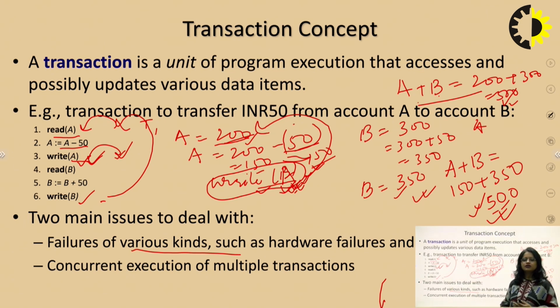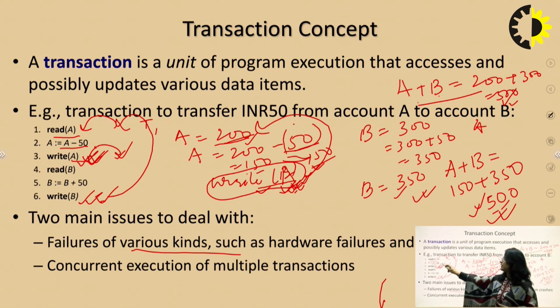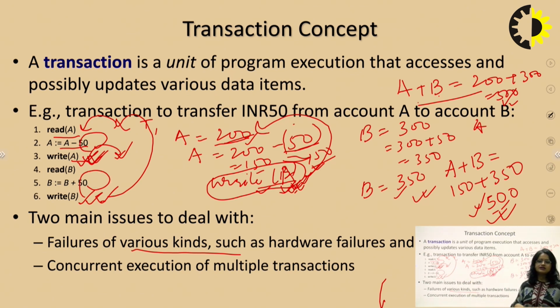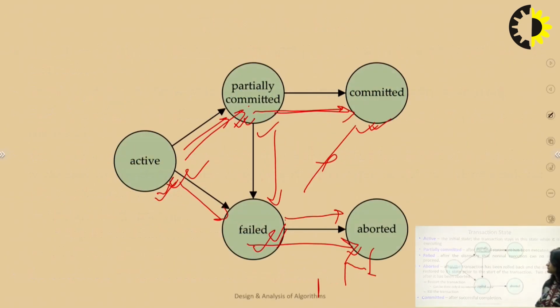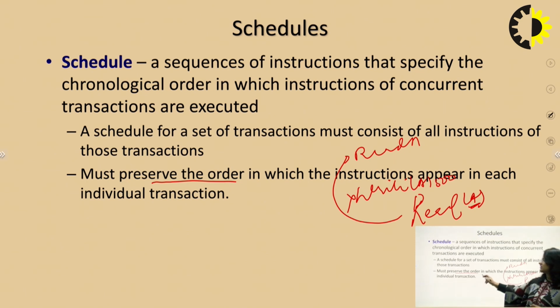If we are not following the order, we cannot do write B, because the value debited from here has to be credited here, right? So this is the order by which we have to do the execution. If we are not following the order, then the transaction can fail due to some error. So we must preserve the order.